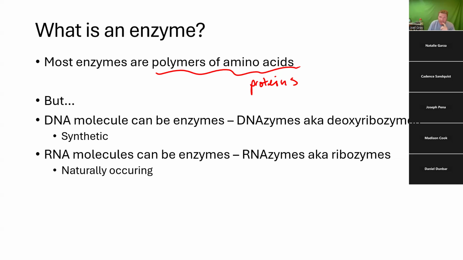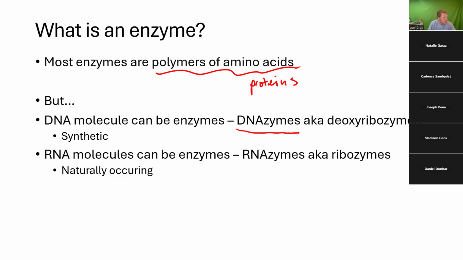Now, DNA molecules can be enzymes. These are known as DNA-zymes, also known as deoxyribozymes. These are synthetic. RNA molecules can be enzymes as well. RNA-zymes, also known as ribozymes. These are naturally occurring.